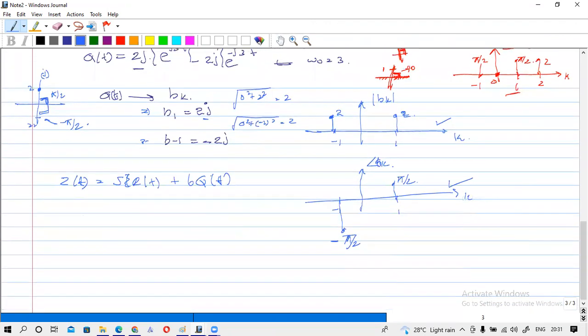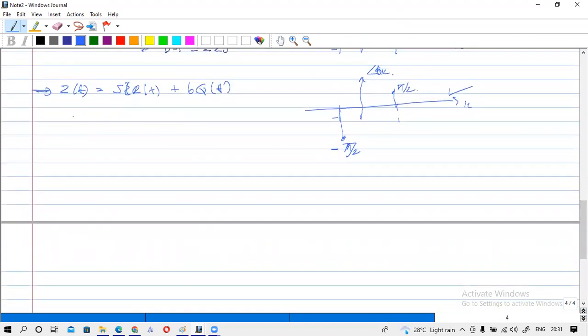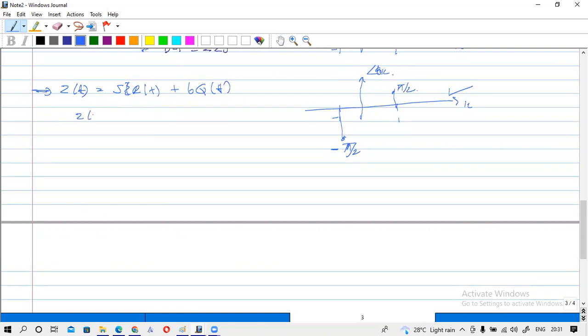For this signal you can use the linearity property directly. Let's say the coefficients for this signal are c_k. You can use the linearity property here directly.